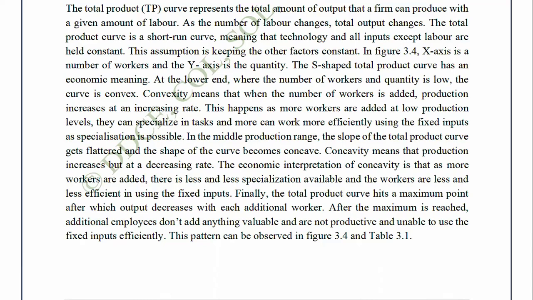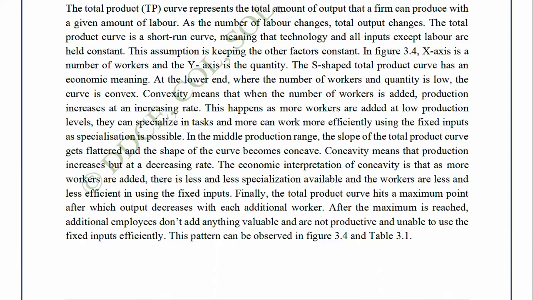Concavity means that production increases but at a decreasing rate. The economic interpretation of concavity is that as more workers are added, there is less and less specialization available and the workers are less and less efficient in using the fixed inputs.